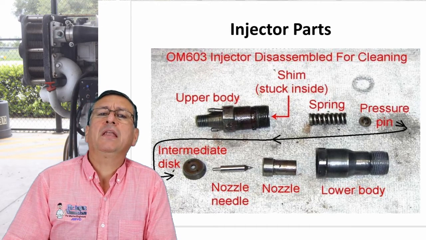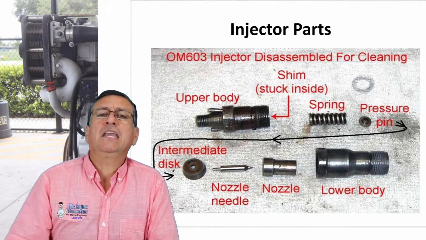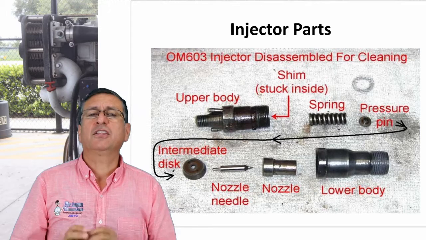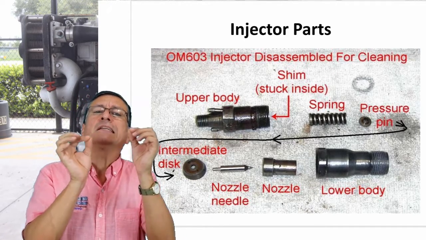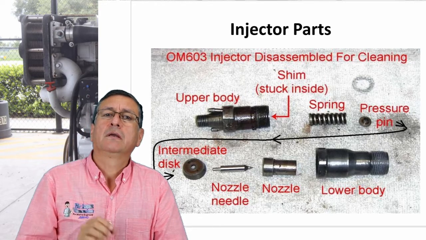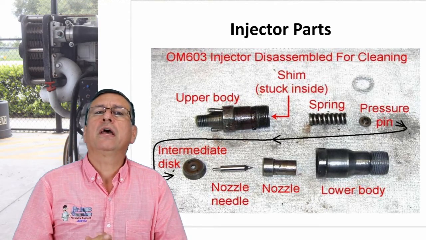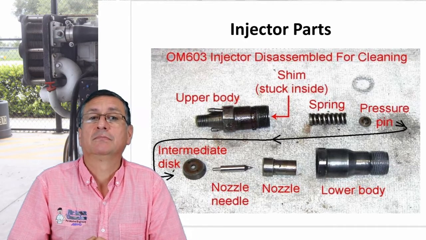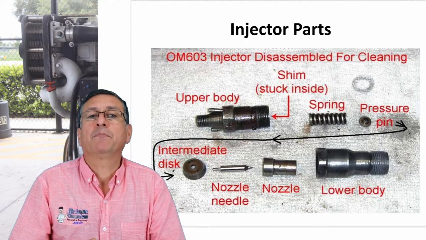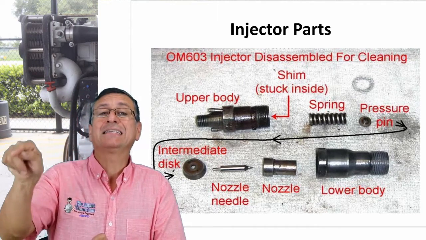And what happens if the injector internally is clogged and the spring opens improperly, opens partially, not totally, and a small amount of fuel enters? What is the symptom? Yes, high temperature in that cylinder.